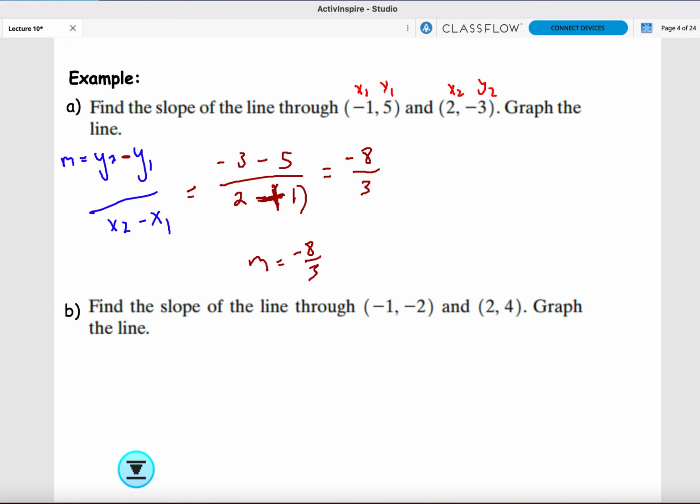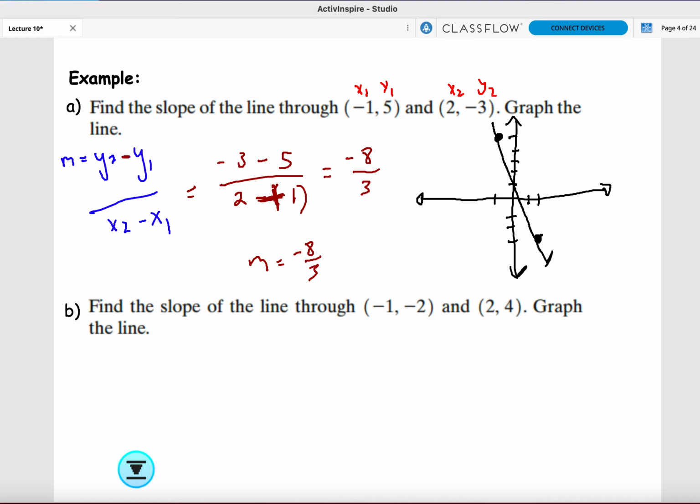To graph the line, guys, all you have to do is plot the 2 points. So (-1, 5), right here, and then (2, -3), right here.